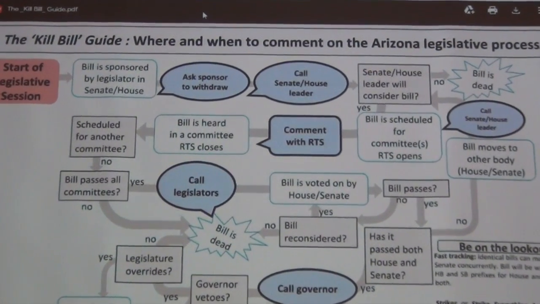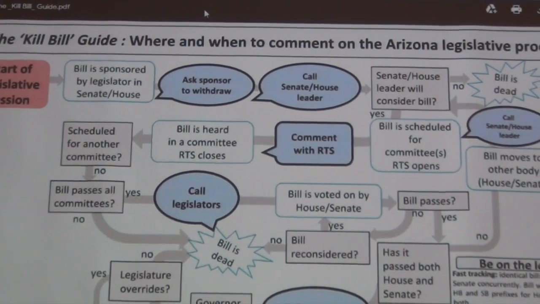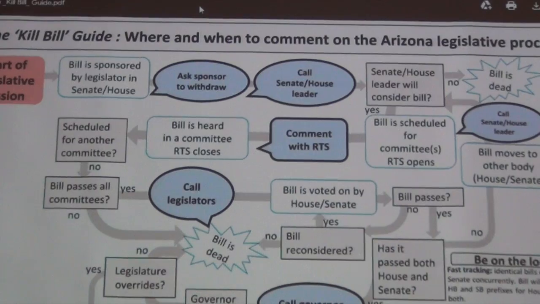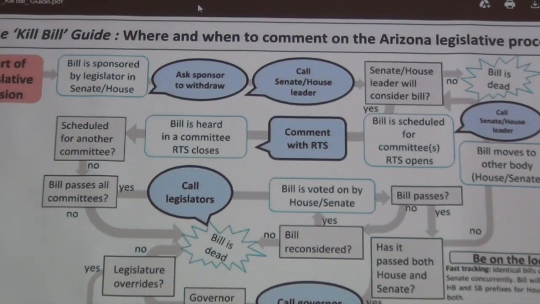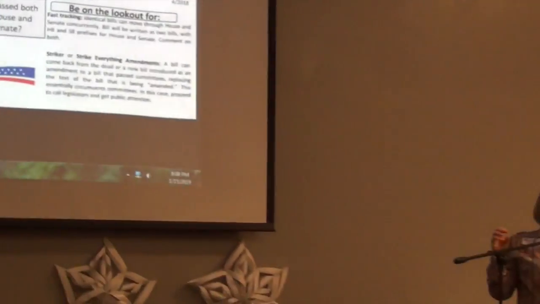So there's always this small window where you can say, yes, I support, or no, I oppose, and that's when it's in a committee. But every bill goes to around 3 committees. It depends on the bill, but typically it's 3 committees. So typically you have 3 times.